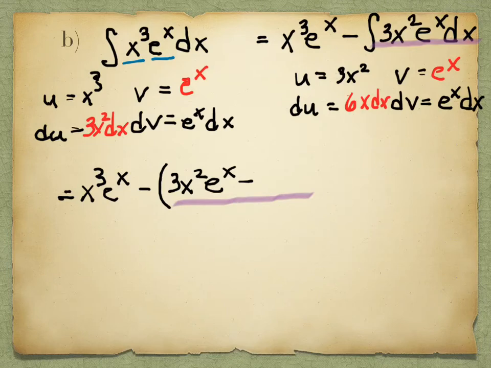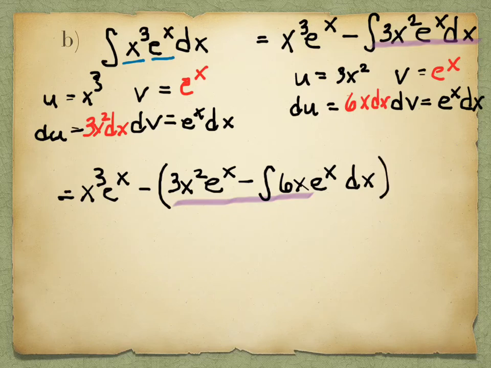All right, so I did the top, 3x squared and e to the x. Now I have to do the other diagonal, which is the diagonal I put in red. So that's minus an integral of what? Thank you, Erin. 6x e to the x dx, because we're still working with our antiderivatives.